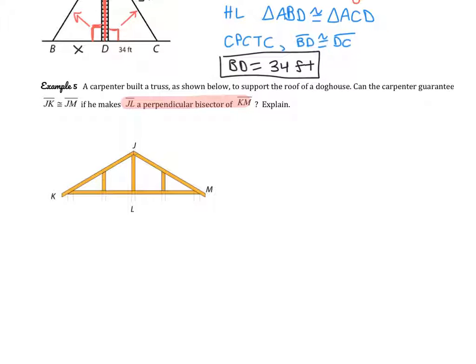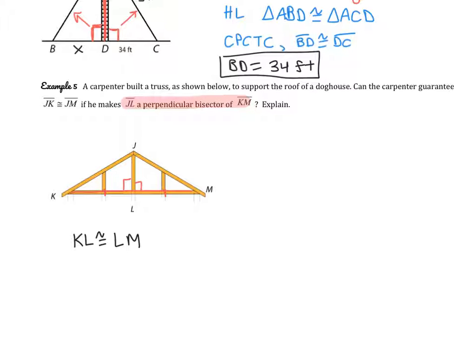They're telling us that JL is perpendicular, so I'm going to put in my little 90-degree angles, and then bisector means that this segment is congruent to this segment. So what we know so far is the 90 degrees, and we also know that KL is congruent to LM because bisectors cut segments perfectly in half.